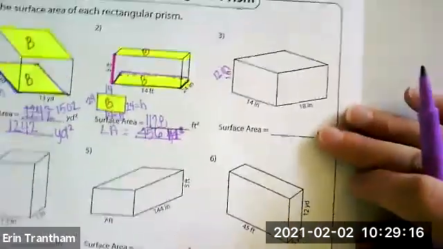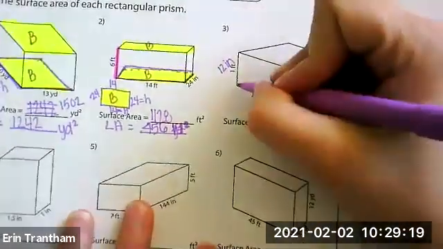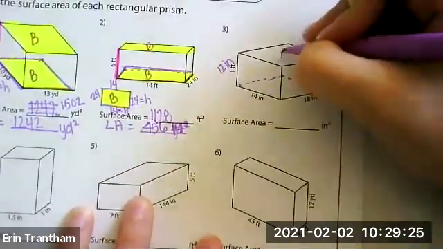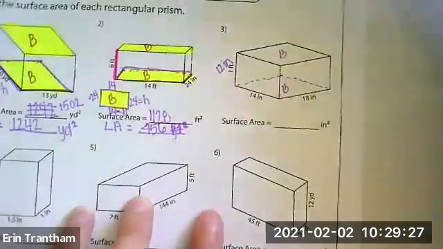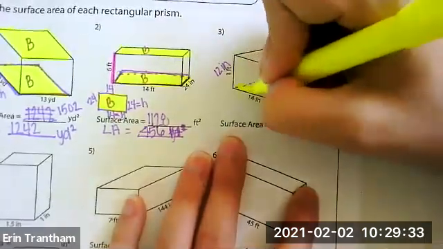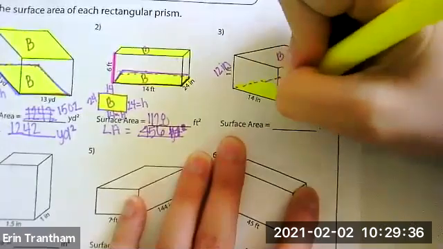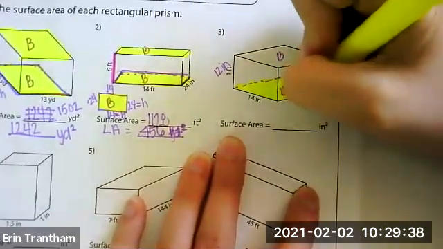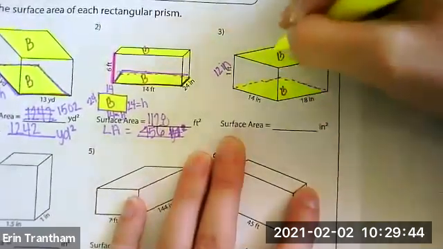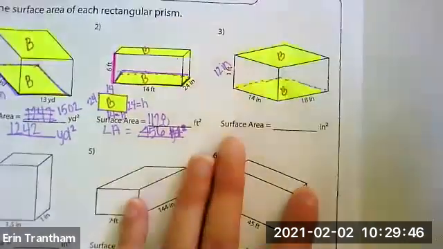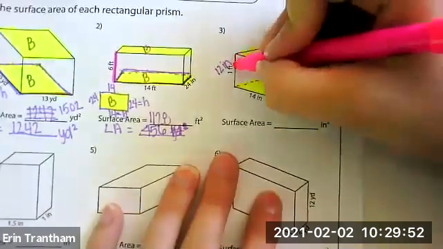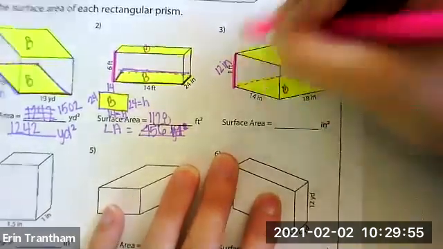Okay. So now we can move on and we're gonna draw in our base at the bottom. And then we're gonna highlight our bases, which is the bottom and the top. Okay, where's my height? The 12 inches. That's connecting one base to the other base.